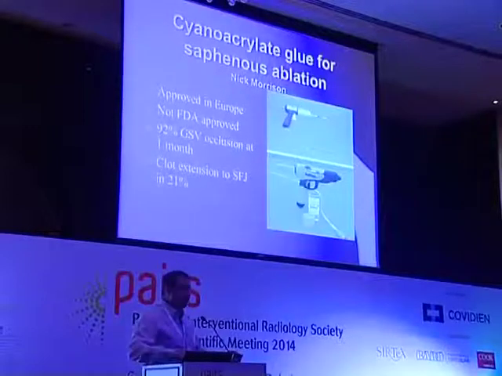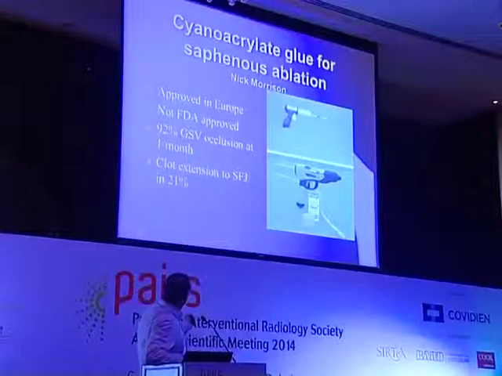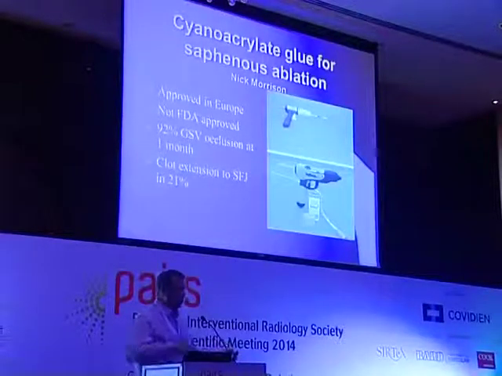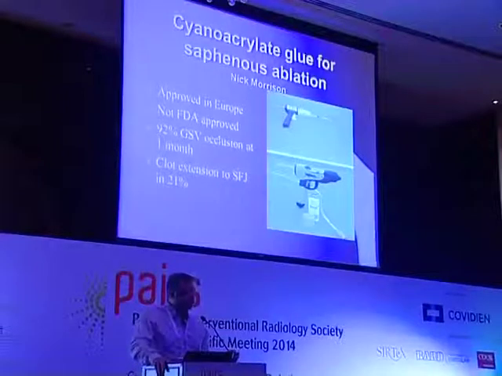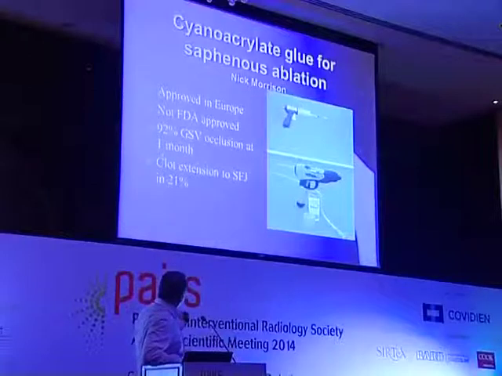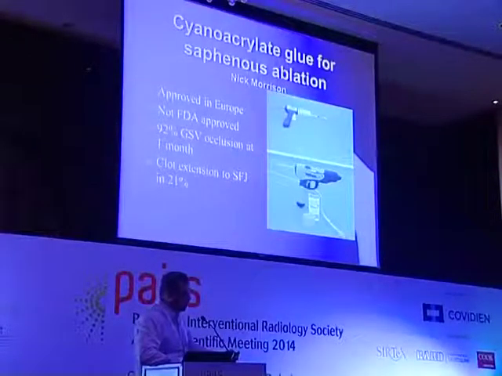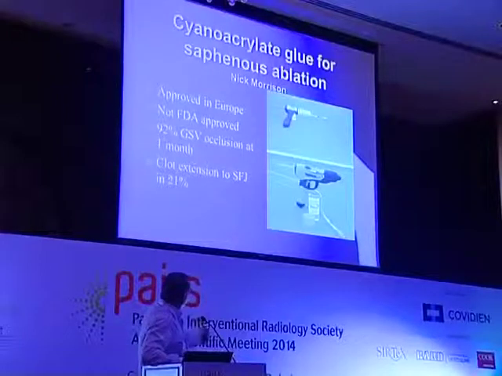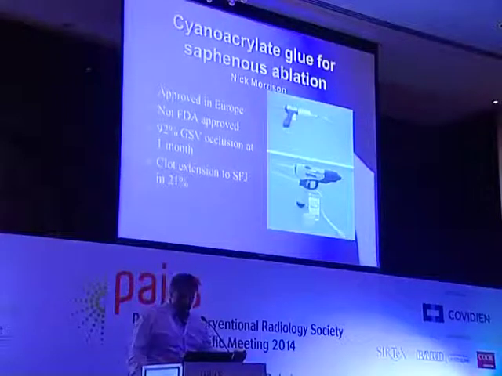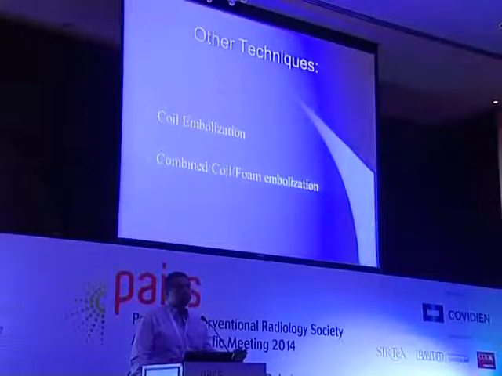I have to tell you, though, the same series itself states at 1 month, 8% of recanalization. 2 of those were completely recanalized. Another complication described is clot extension in the saphenofemoral junction, which I believe is a serious complication. However, that probably was related to the high position of the catheter. Only time will tell us whether this is a good technique or not.